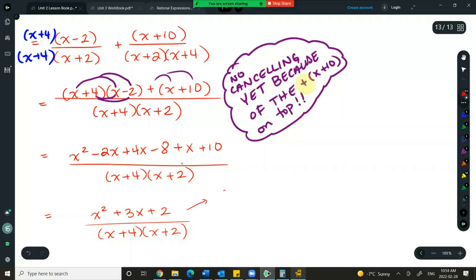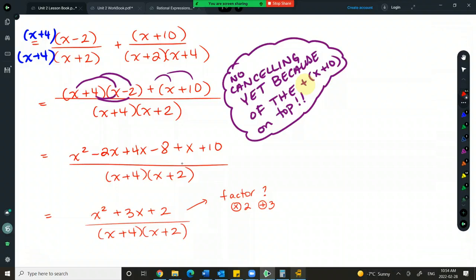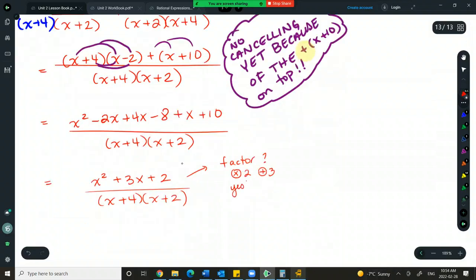So the question is, can we factor? If no, we're done. If yes, we need to continue. So this is a trinomial now, are there any two things that multiply to 2 and add to positive 3? Jack? 2 and 1. Okay, so if so, we will continue and we will factor.